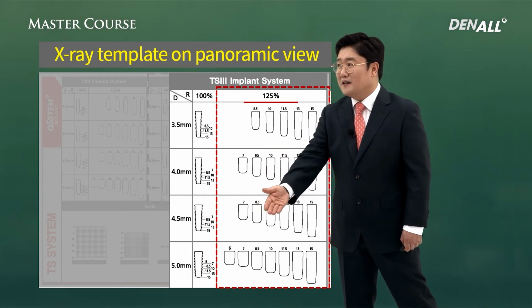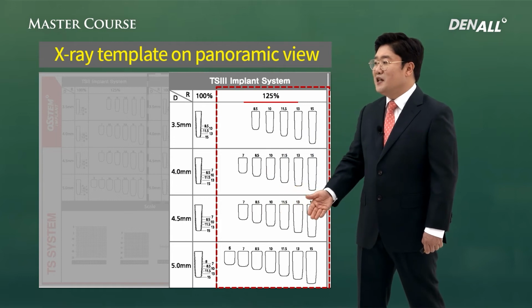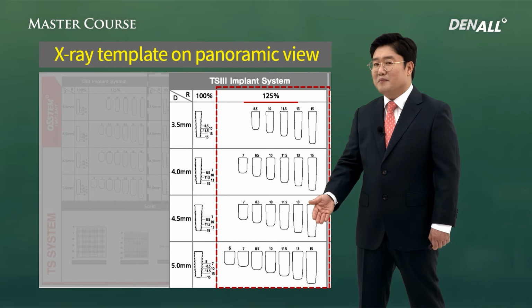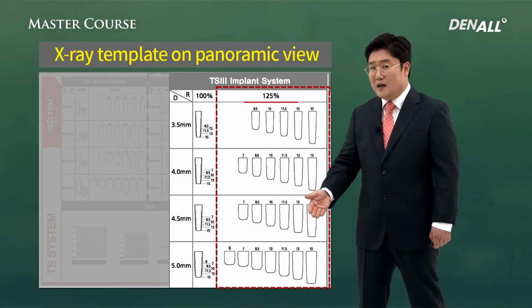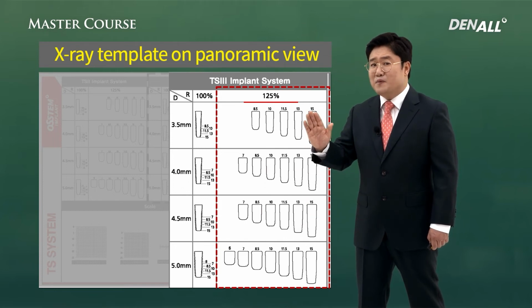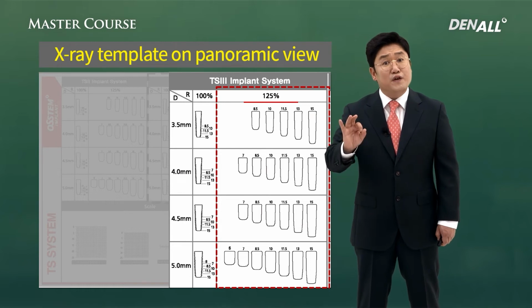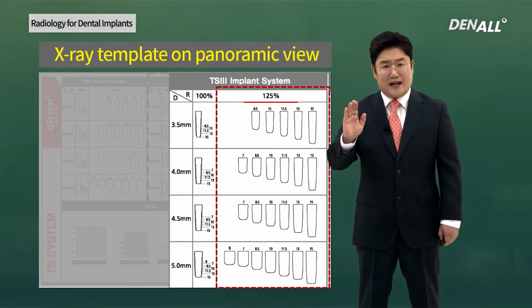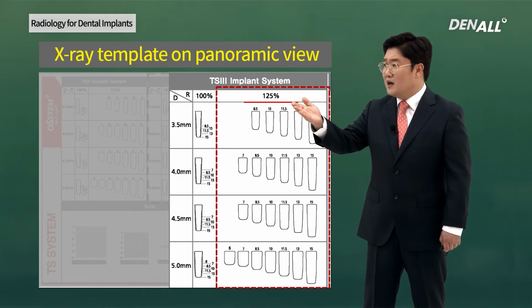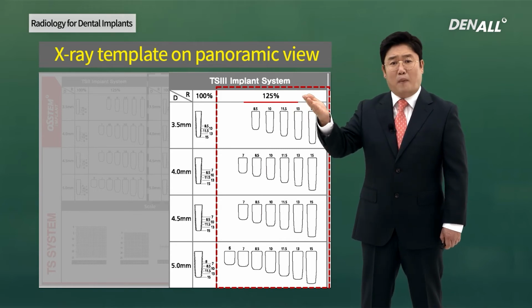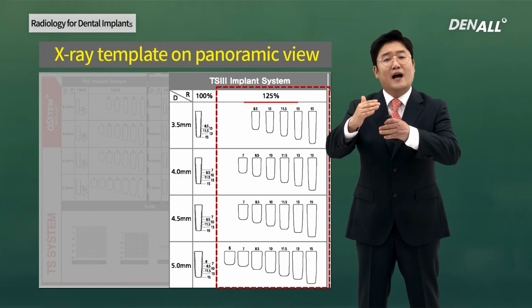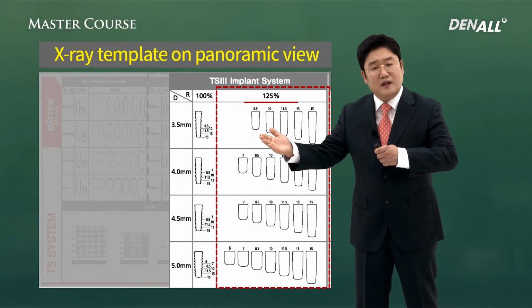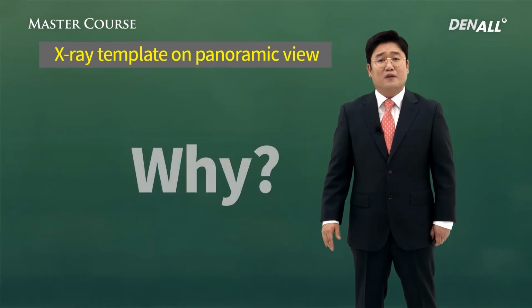For another example, a 4.5 diameter, 10 millimeter long implant looks like this. The fixtures shown on the X-ray template are not the actual sizes. As is indicated here, it is 125% bigger than the actual size. 25% amplification is done here.